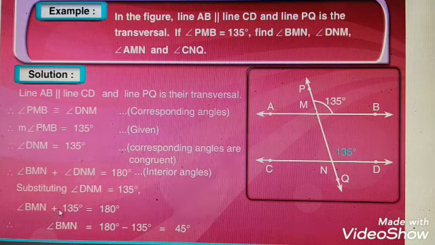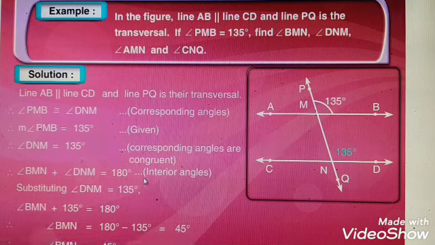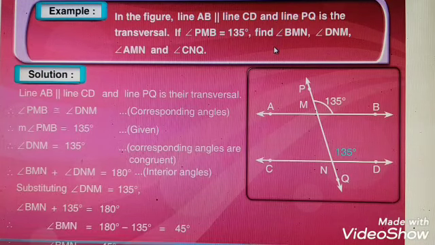Angle BMN plus, in place of DNM I put 135, is equal to 180 degrees. Therefore, angle BMN is equal to 180 minus 135 degrees, which is 45. Therefore, angle BMN is equal to 45 degrees. You first got the BMN value as 45 degrees.